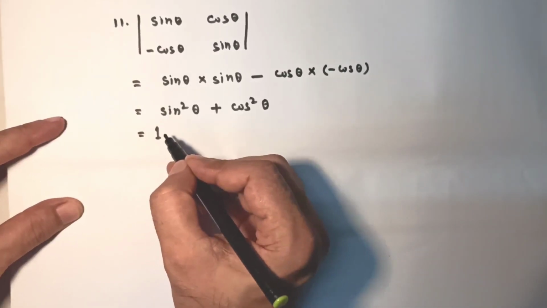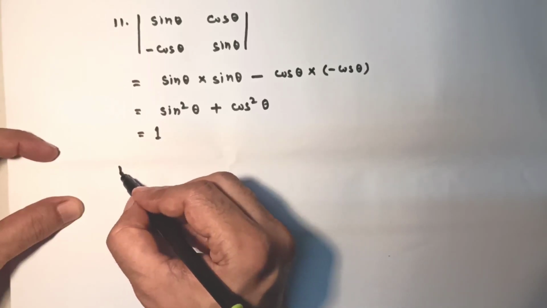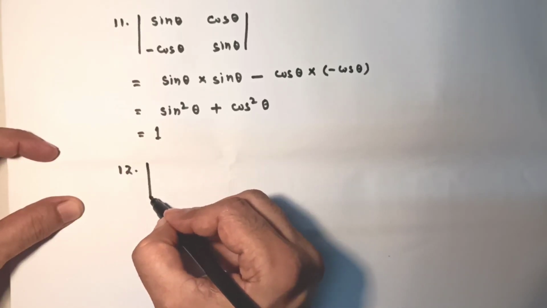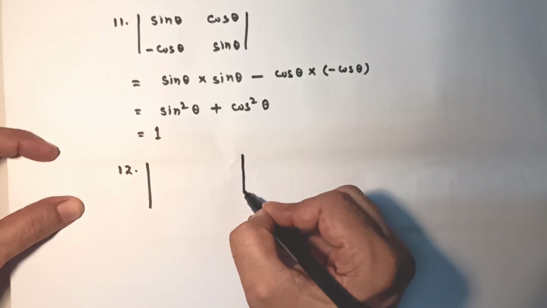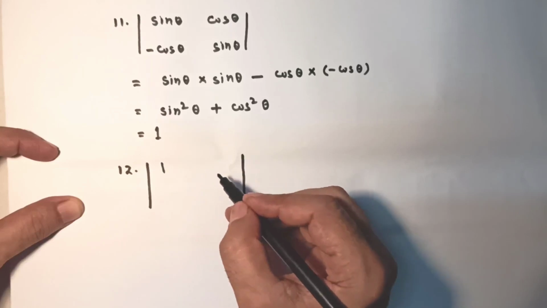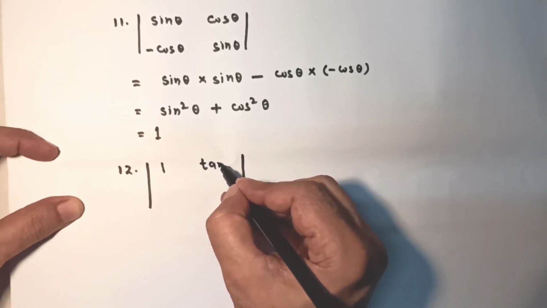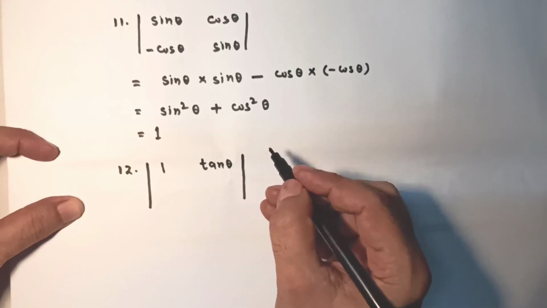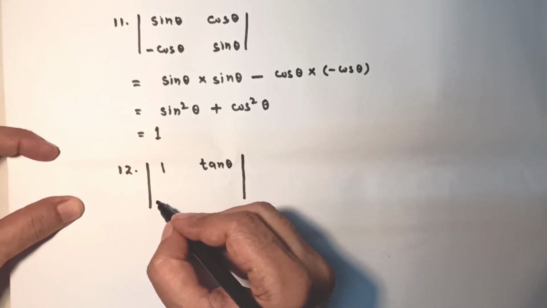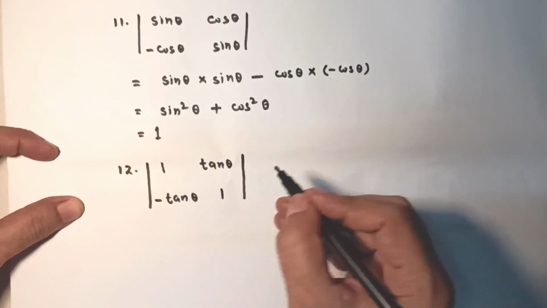You may be knowing trigonometric identity. Now next question is 1, tan theta, minus tan theta and 1.